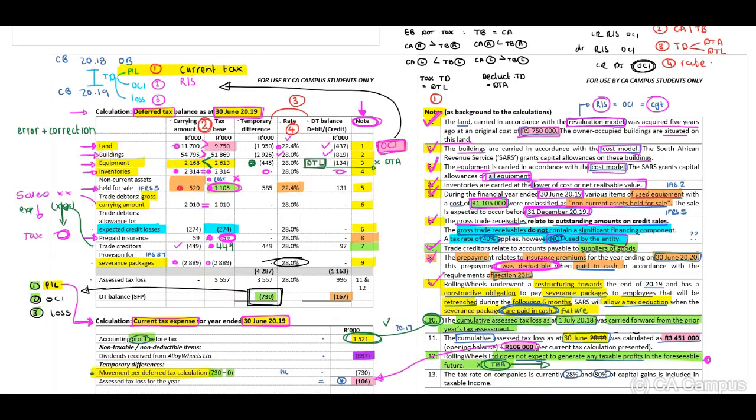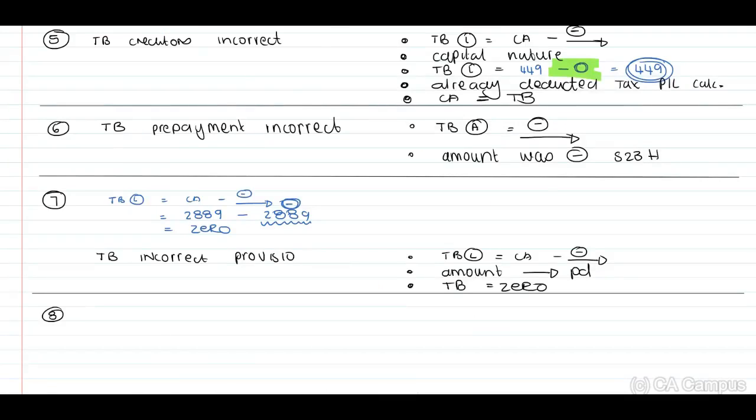I have a total here, 167, but I've not really recalculated this. Therefore, what I will include is that they just need to be careful here that we may not recognize a deferred tax asset if they are not certain about future economic benefits. So I will indicate this because this is an important thing to note.